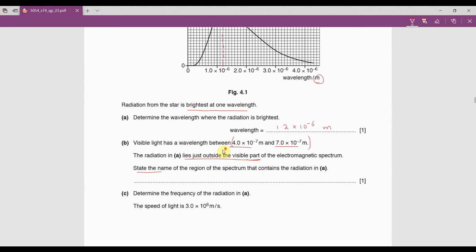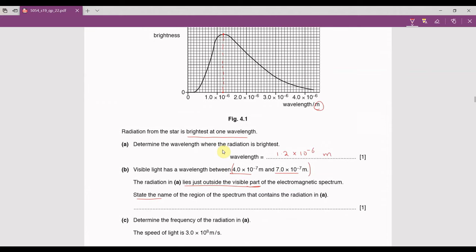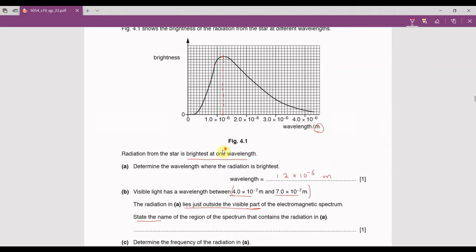Now in order to solve this one, you need a bit of memory. Obviously you should know this, that you need to be able to memorize at least the order, if not the powers of ten or the orders of magnitude. You should still be able to remember the order of increasing wavelength or the order of increasing frequency, all the constituents of the electromagnetic spectrum.